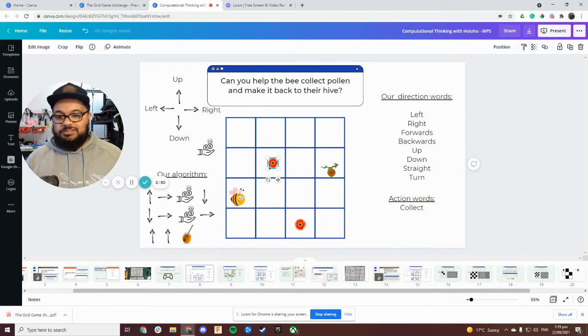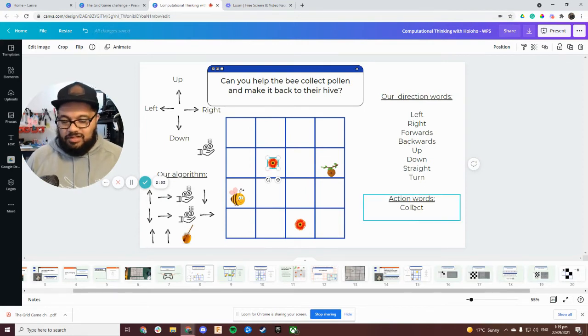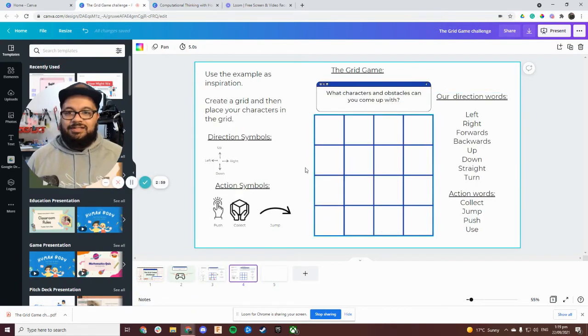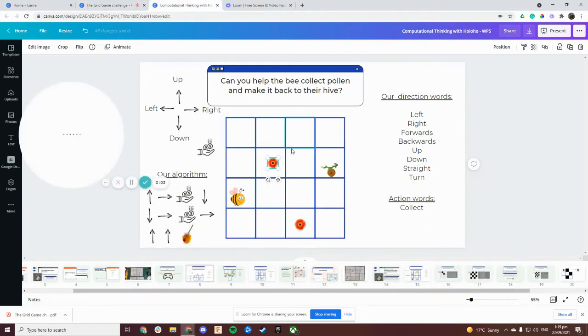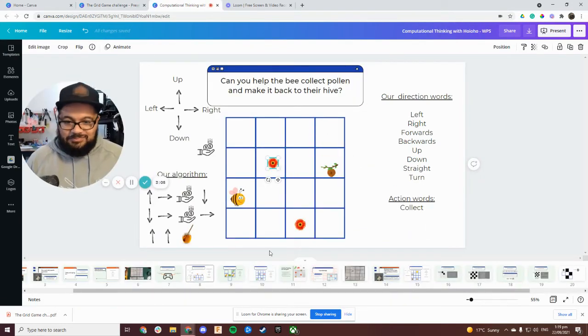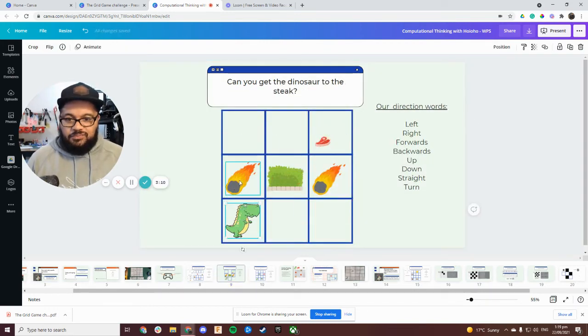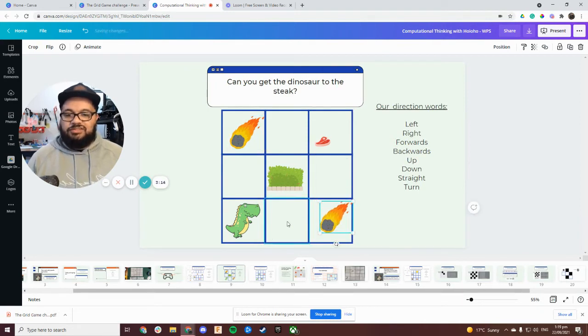And then when I went to explain how they can use this, and we developed some action ideas here, we, in the call, came up with this idea for the grid game challenge. The inspiration for that was the T-Rex. We used the T-Rex and created these obstacles for the T-Rex to go through.